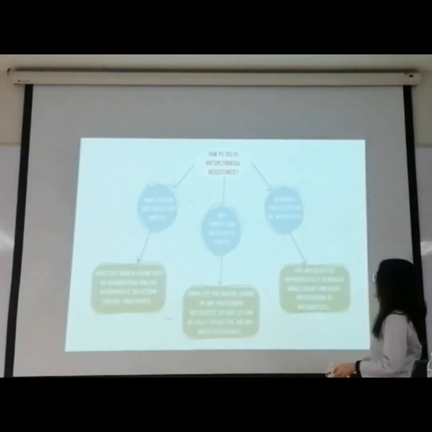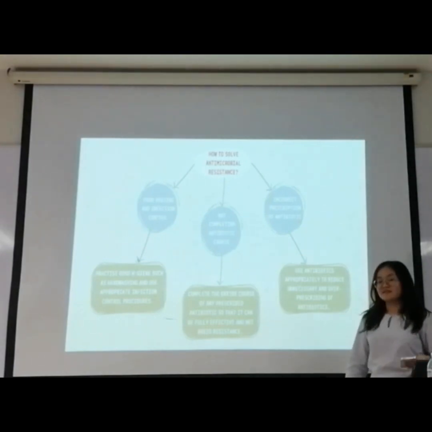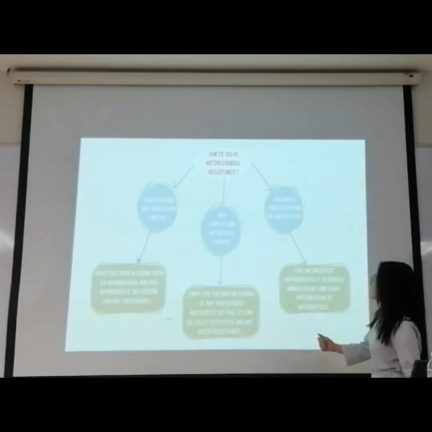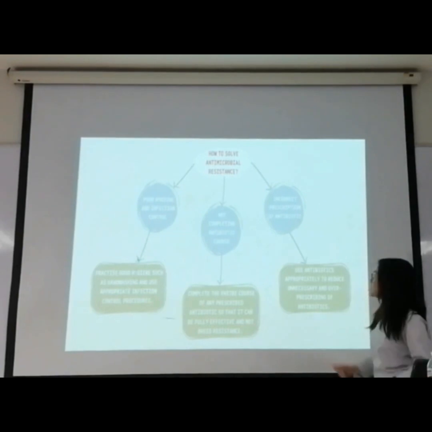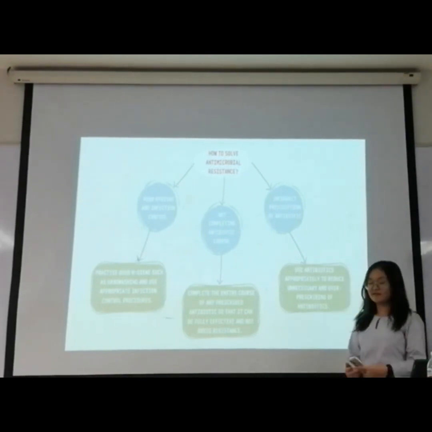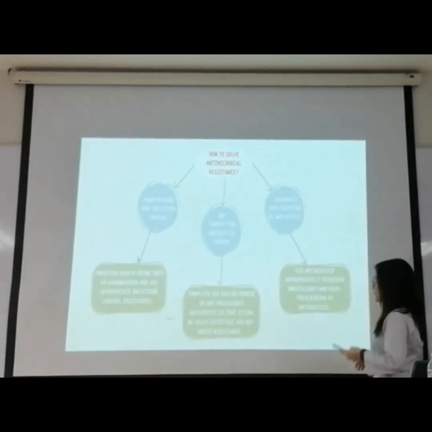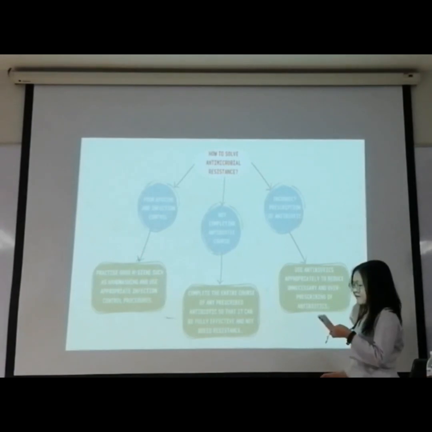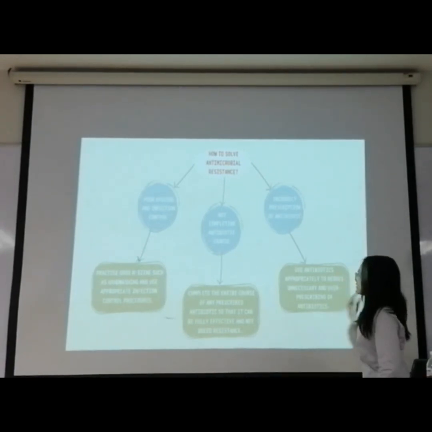Our assumption is that antimicrobial resistance is caused by poor hygiene and infection control, not completing the antibiotic course, and incorrect prescription of antibiotics. Lastly, we have to create solutions from the ground up.